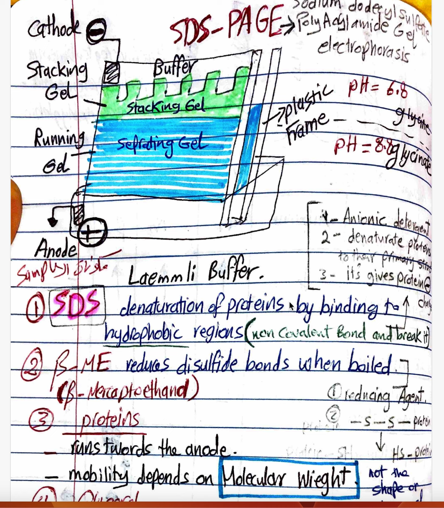Maybe the question that has come to your mind is, why is the pH of the stacking gel 6.8 while the pH in the separating gel is 8.8? You can see in the stacking gel the pH is lower, so more acidic, and that is to concentrate all the proteins in one band.